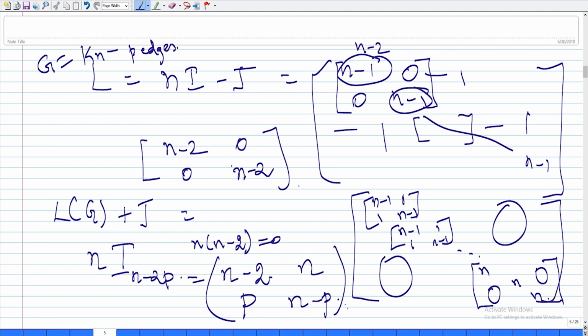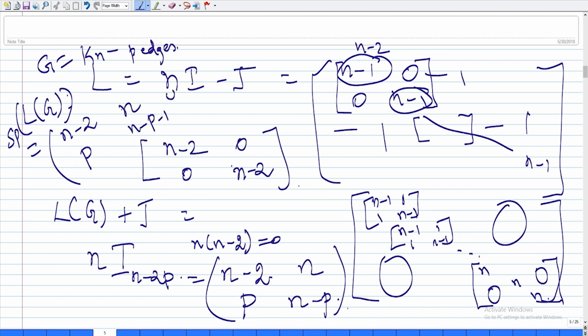because there is a 2 over here. So, okay, I did not tell you what the spectrum of this L of G was, right. From there then it would have become easier. So, spectrum of L of G was, since we have removed only p edges out of it, we will be having n minus 2 appearing p times and n appearing n minus p minus 1 times and 0 appearing 1 time, okay, because we are having a Laplacian matrix before manipulation, right. L of G should be having obviously a 0 eigenvalue.